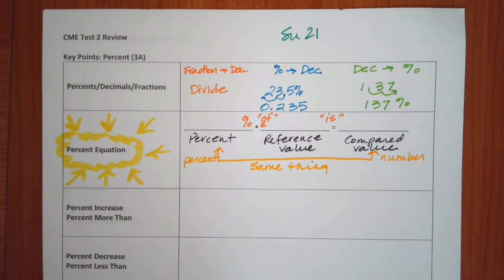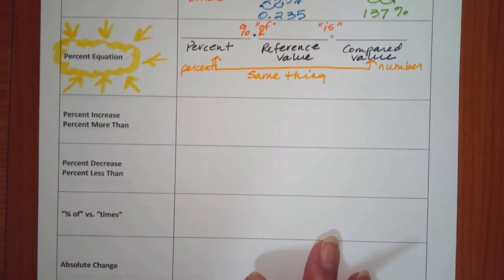And again, you'll see when we do some practice on that. Okay, so that was the basic equation that we did in 3A. And then everything else kind of fell along with that.